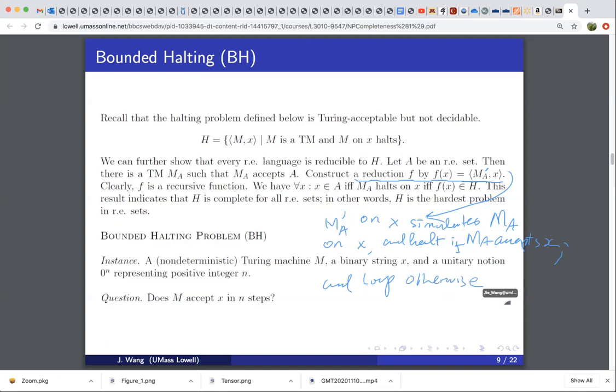That means that if MA does not accept X, then MA prime will not halt. With this change, this really means that H is complete. Now it's not polynomial time complete, it's just complete for Turing acceptable, or Turing recognizable, or RE languages.